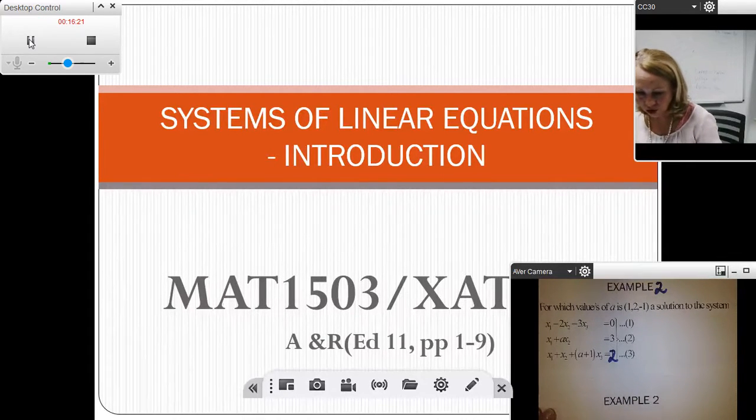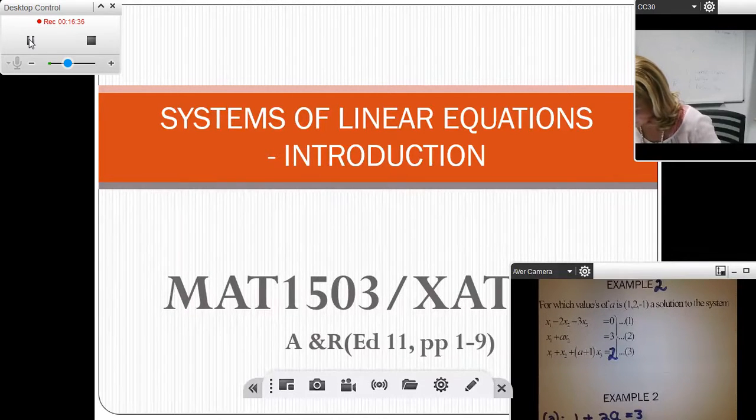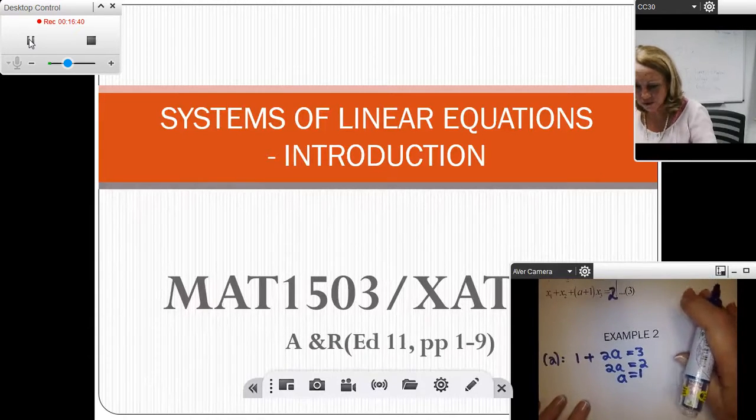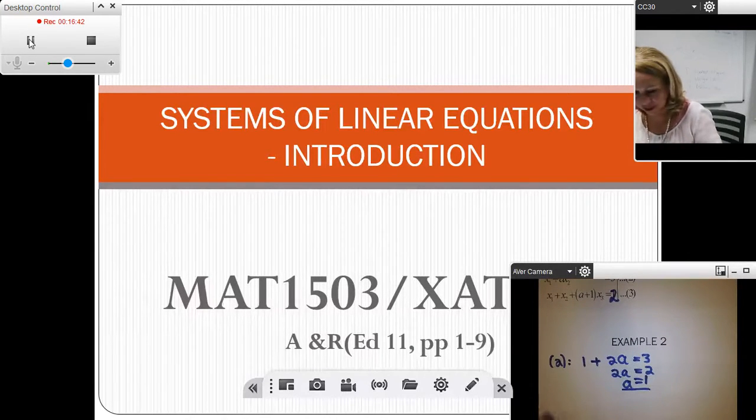All right, so what you're going to do is test A, and we already know that equation 1 is satisfied. Now, if you test equation 2, you get 1 plus 2A equals 3, which gives 2A is 2, which gives A equals 1. Right, so we know that that is true from example 1.